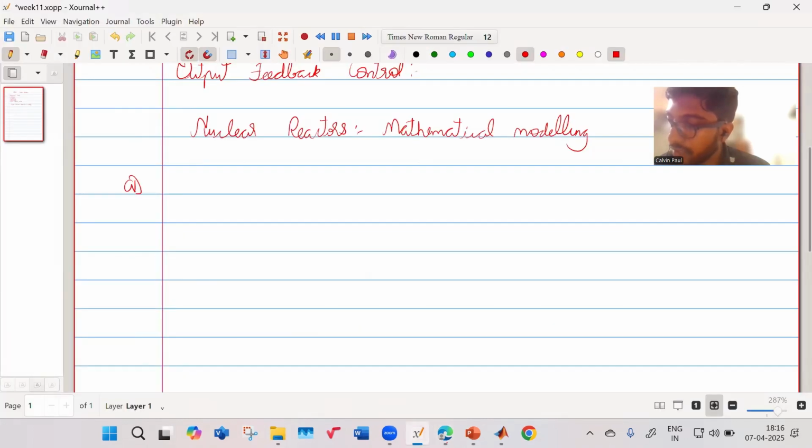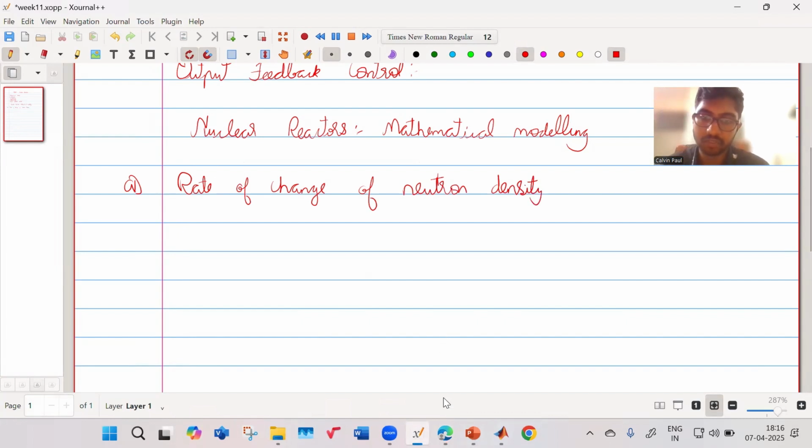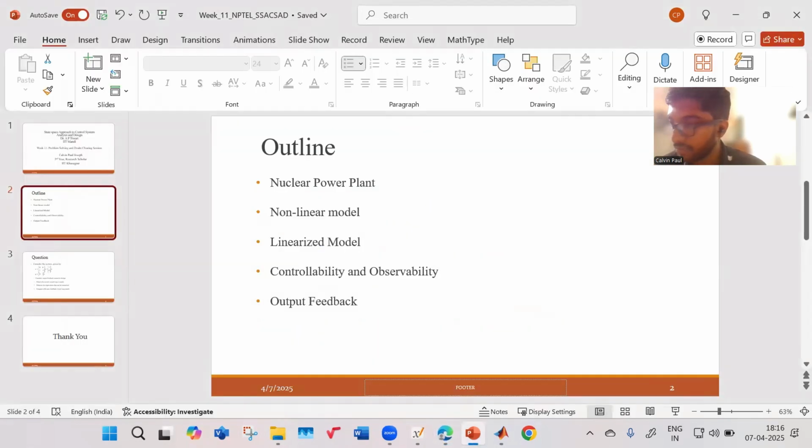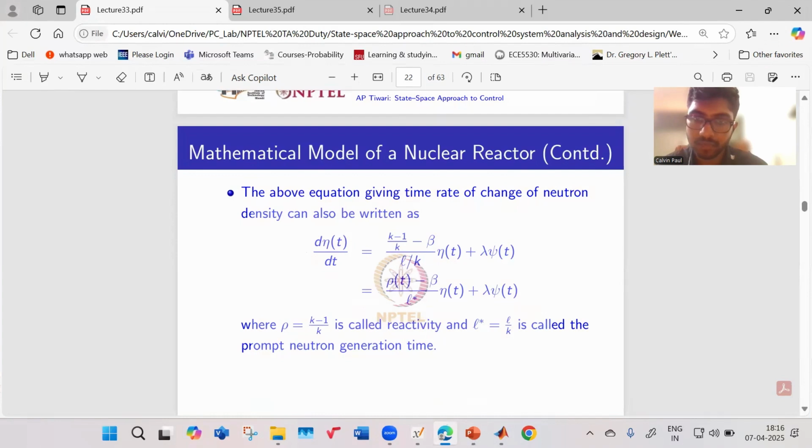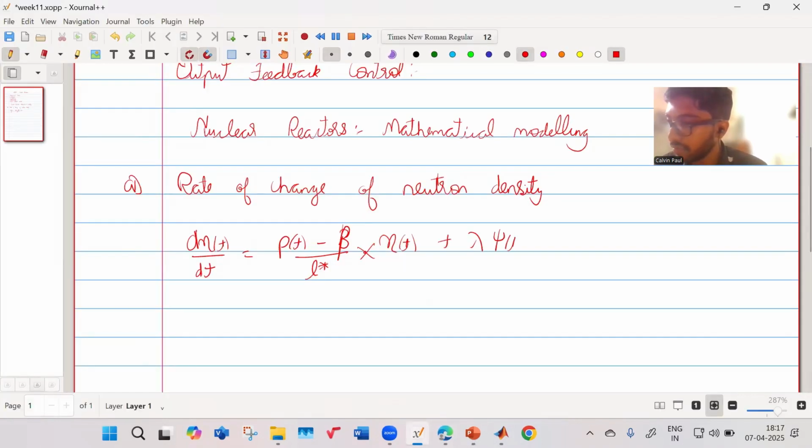In the equation, that is given by this expression: dn(t)/dt is equal to (rho(t) minus beta) over L star times n(t), plus lambda times phi. Okay, this is the first equation we have.